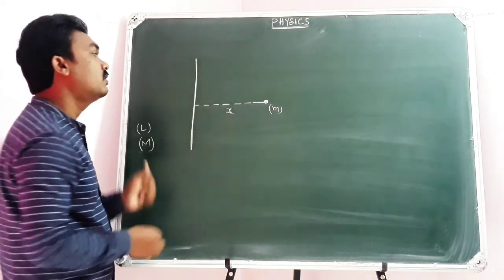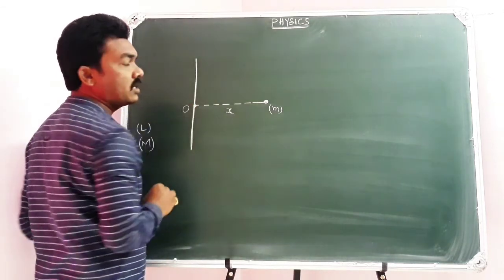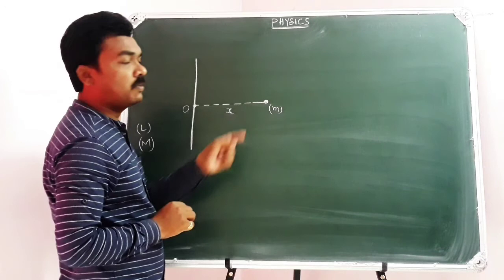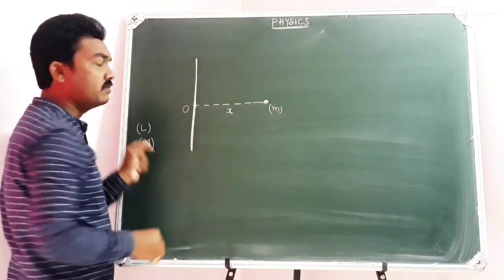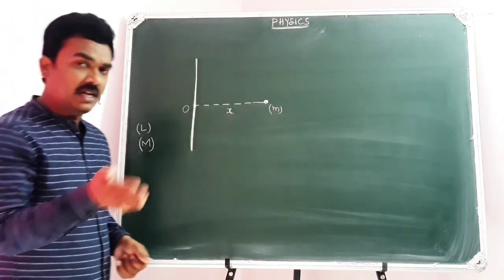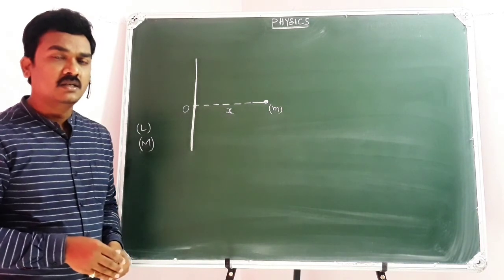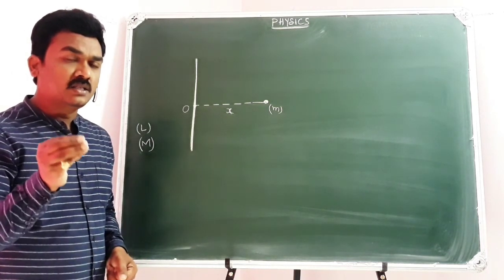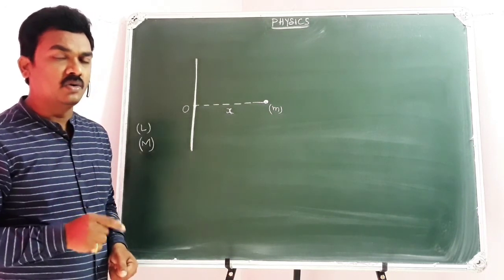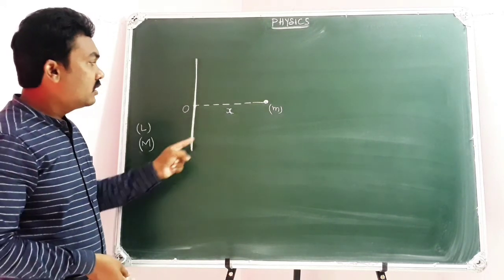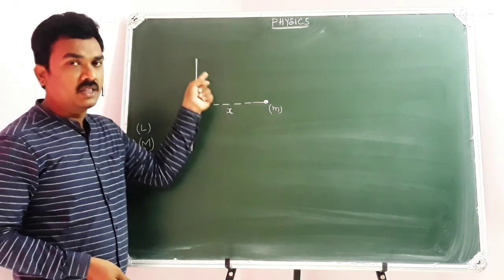Now here, this is the point O. I am going to calculate the force of gravitation on this point mass due to this rod of length L and mass M. See, in the last example we discussed in the previous class, the point mass was placed along the length of the rod. You do remember. But here the point mass is placed along a line perpendicular to the length of the rod.